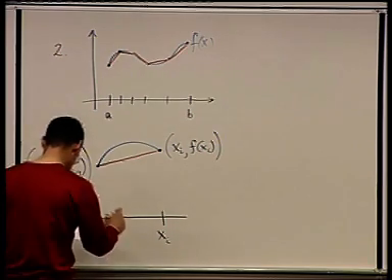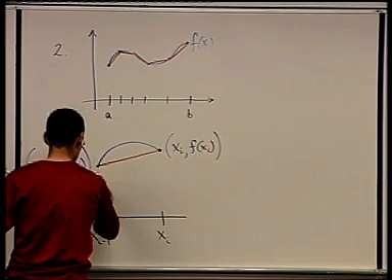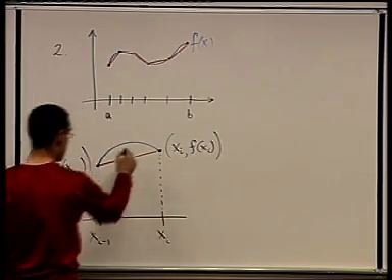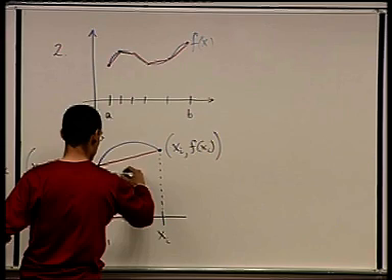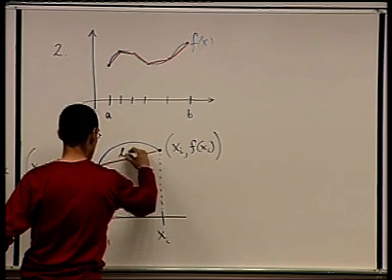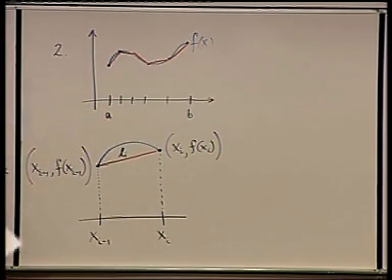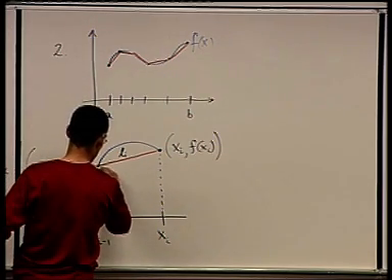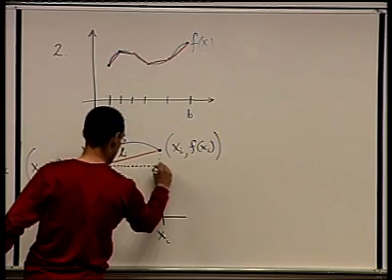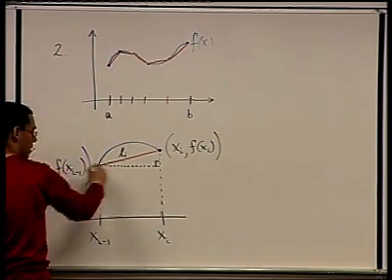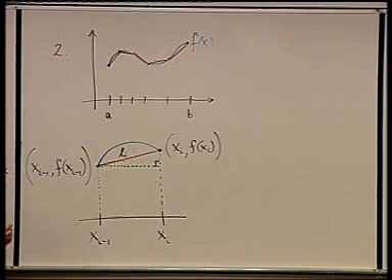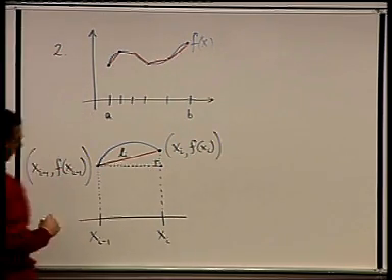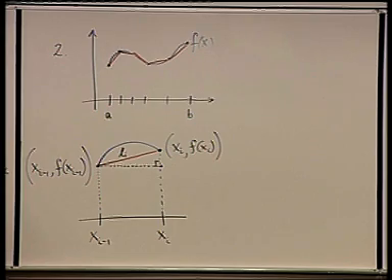I'm going to call the length of the orange one Li, L sub i, L for length. And I'm going to add to this drawing just one more line. I'm going to construct the right triangle here by taking the equal value here. Okay? So what do I get?